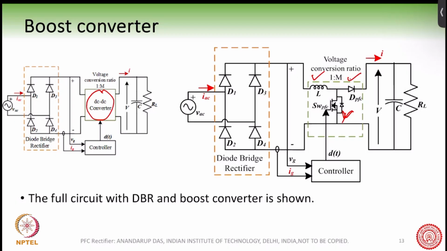We also have a controller. The controller generates the duty, which is given to the gate driver here, and the gate driver generates the pulses. So this is the whole circuit which we are going to analyze.